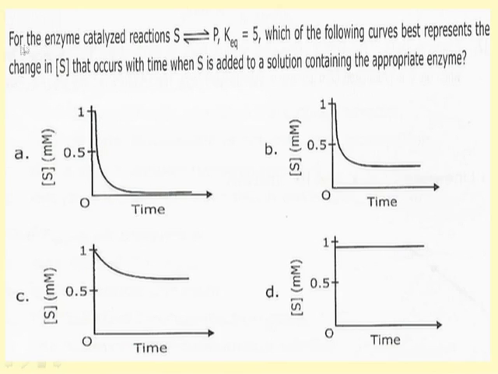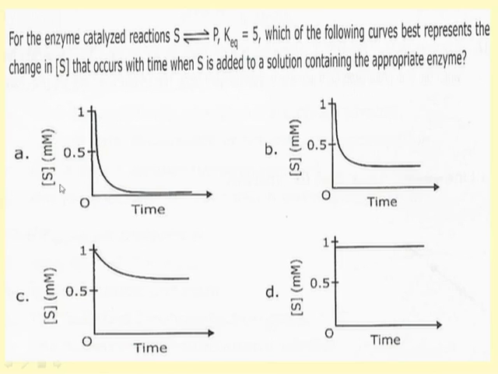In another model question, it asks that for the enzyme catalyzed reaction S to P, K equilibrium equals 5, which of the following curves best represents the change in substrate that occurs with time when substrate is added to a solution containing the appropriate enzyme? Looking at the graphs provided, the first thing we should notice is what is plotted on the y and the x axis.